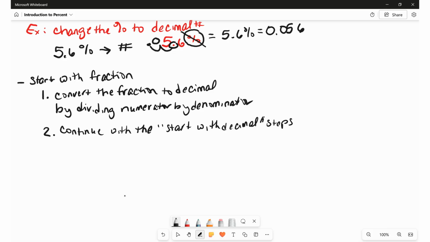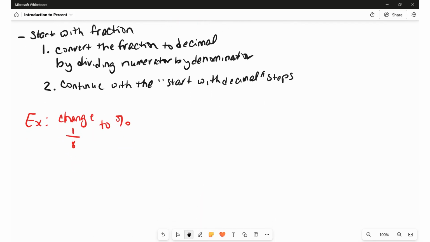So, here is our example for this one. Change 1/8 to a percent. When we are beginning with this, the first thing that you are going to do, and you can either do this by hand or in your calculator, is say 1 divided by 8.